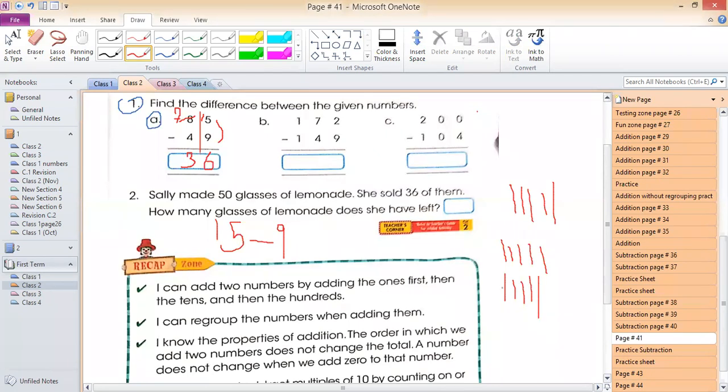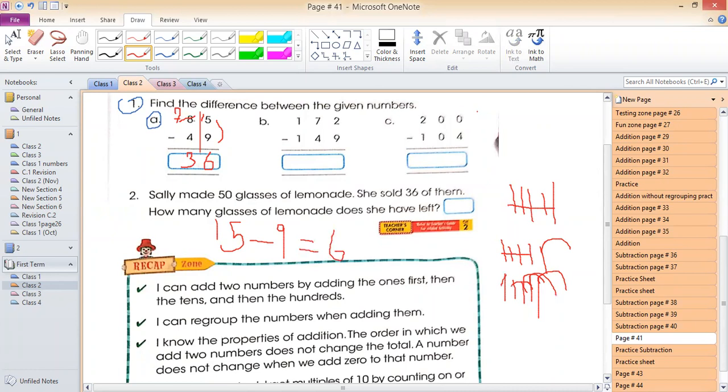Now cut 9 lines. 1, 2, 3, 4, 5, 6, 7, 8, and 9. How many lines are left? 1, 2, 3, 4, 5, and 6. So 15 minus 9 is equal to 6. So you will write here 6.